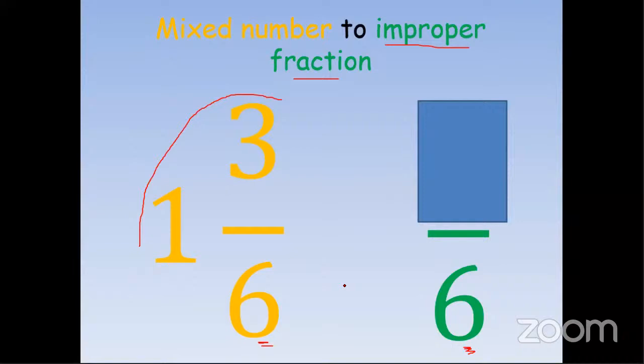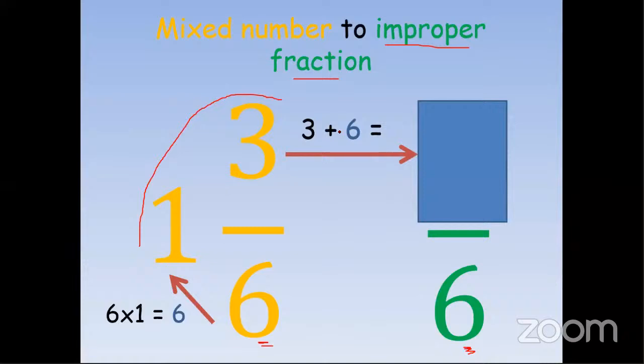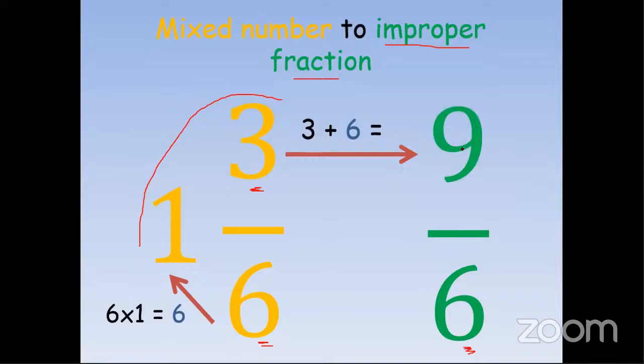Step 2, we multiply 6 times the 1, so we shall come to 6. Once you get that 6, you add it to the numerator. I repeat, step 1, we maintain our denominator.